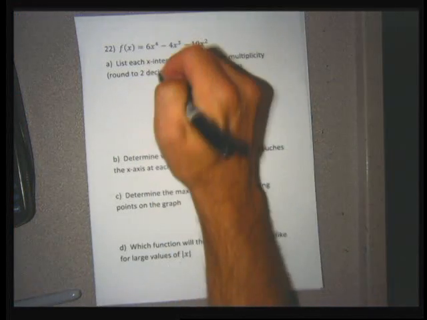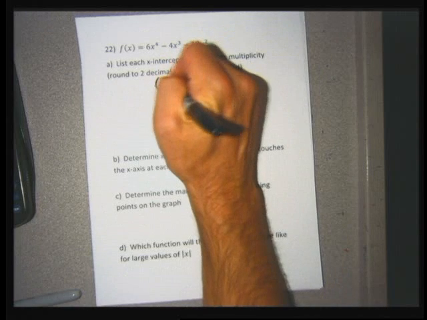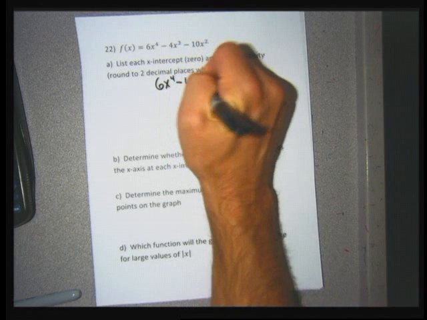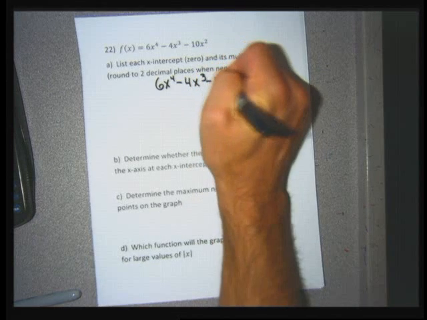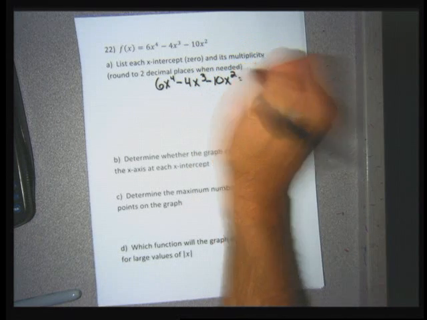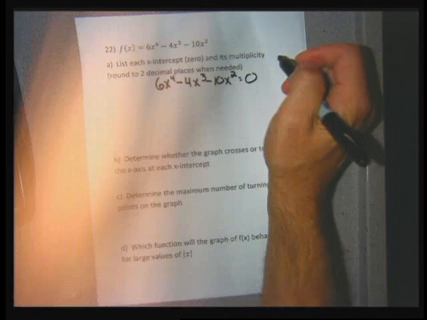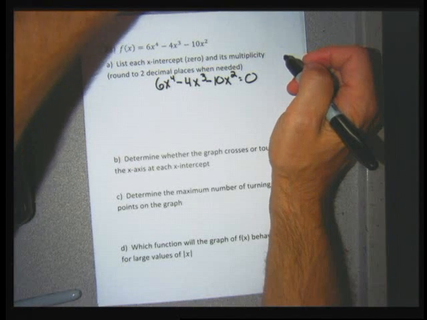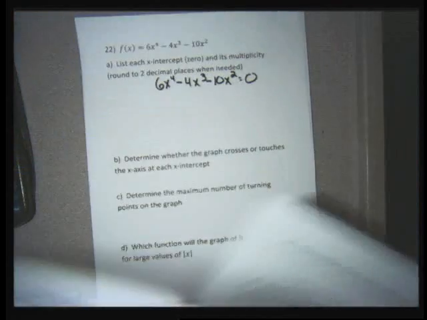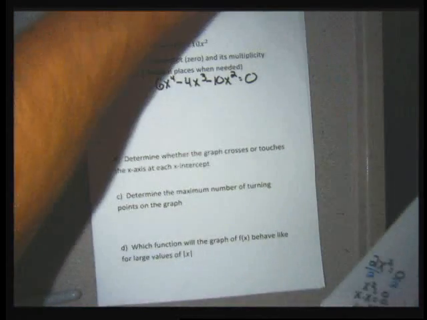So finding the x-intercepts for 22, I take the function itself, set it equal to 0. I'm going to solve it by factoring again. I'm going to pull out my common factor of 2x squared. It feels so much like a problem that I did just a bit ago.